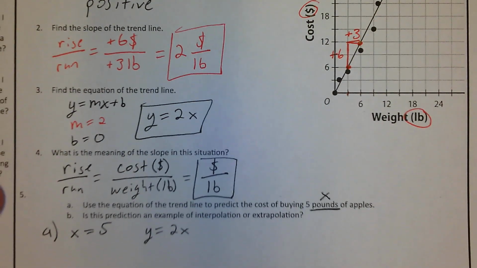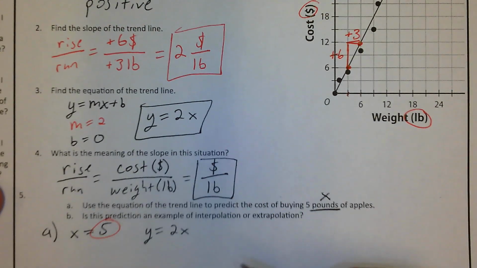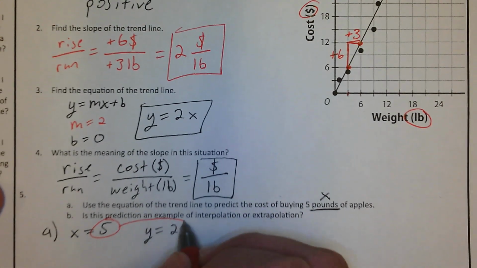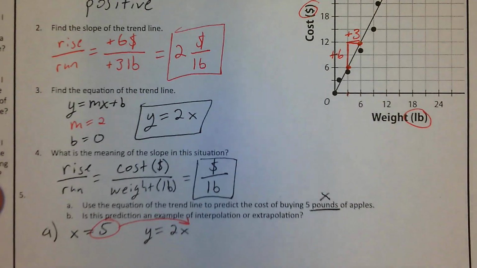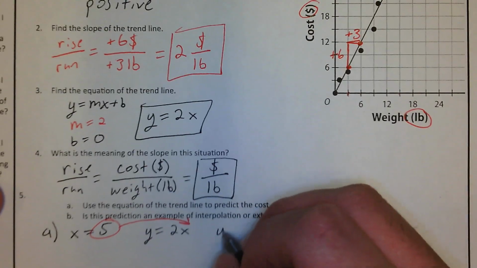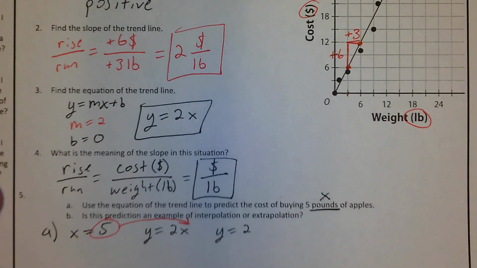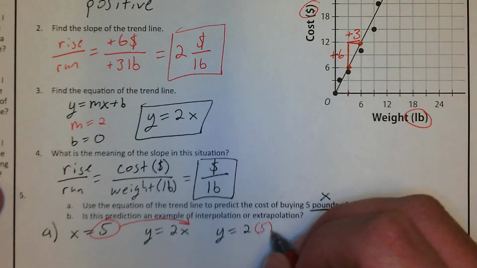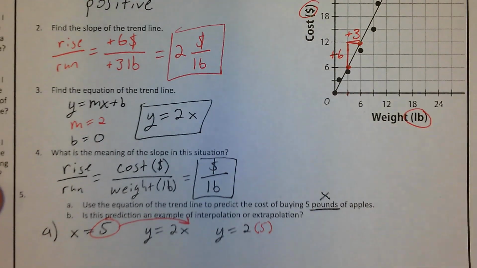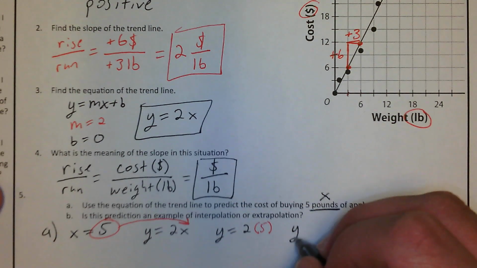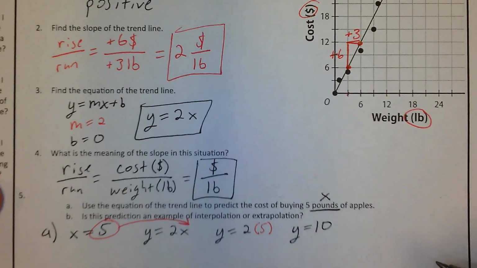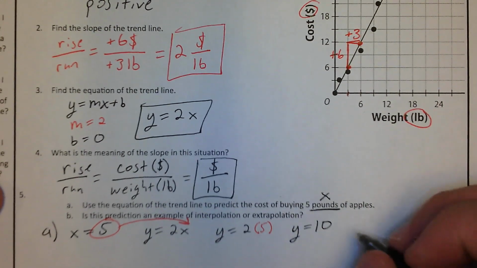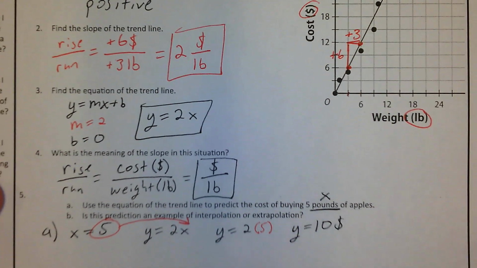So what I'm going to do is if I know x is equal to 5, I am going to replace x in my equation with 5. So I'm going to write this as y is equal to 2 times 5. 2 times 5 is 10. So y would be equal to 10, meaning that 5 pounds of apples is going to cost me $10.